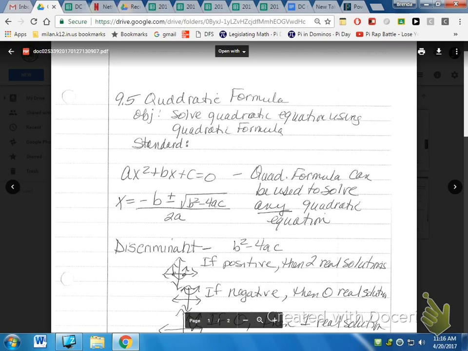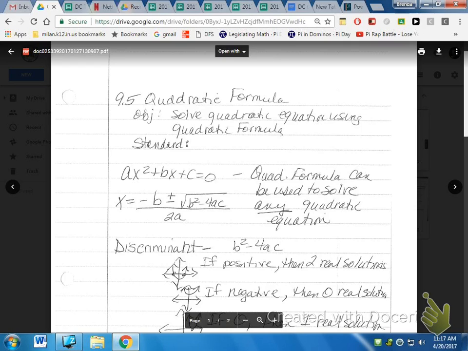So let's review A, B, and C. A quadratic equation is always in the form ax squared plus bx plus c equals 0. We've already talked about how you should be able to recognize A, B, and C, and that's even more important with this lesson.